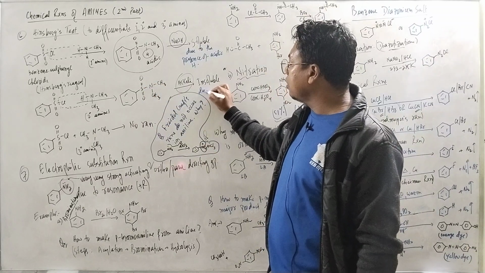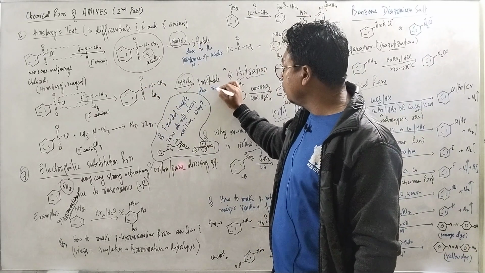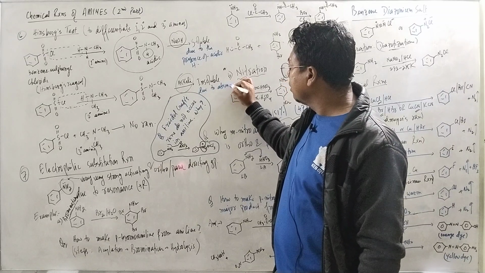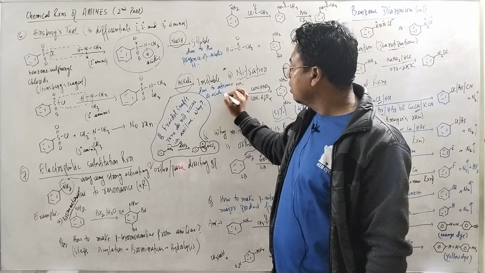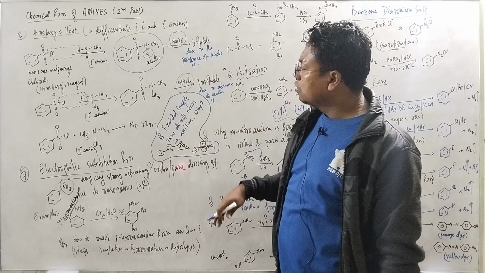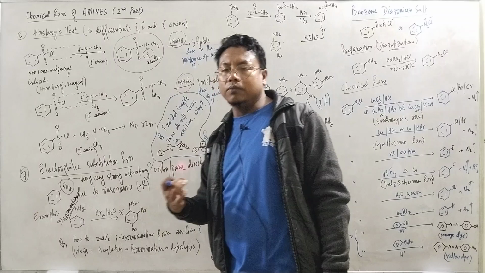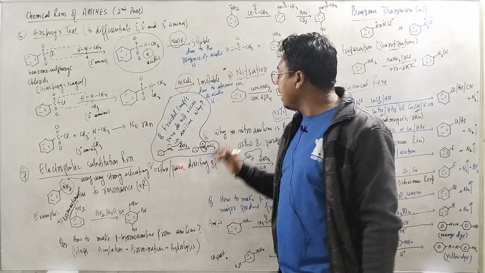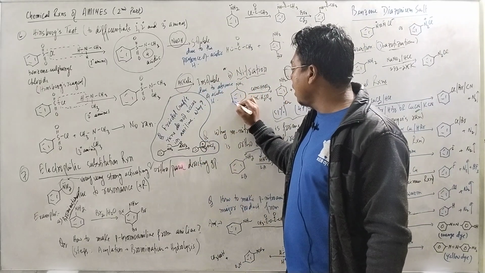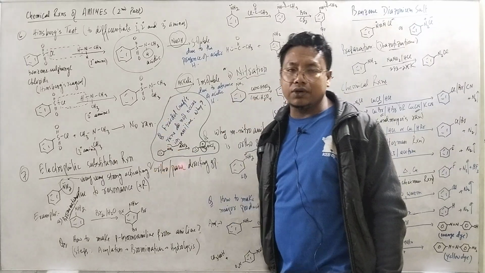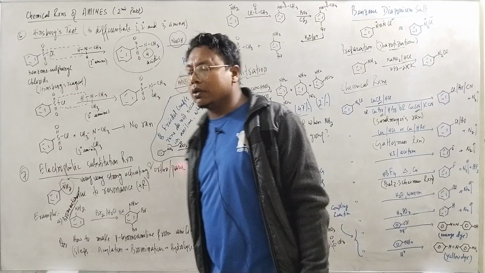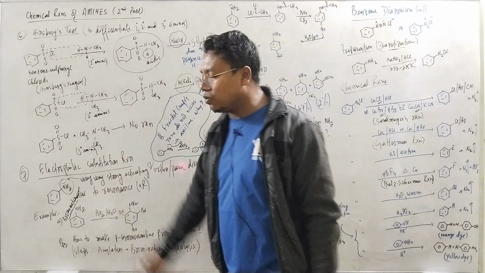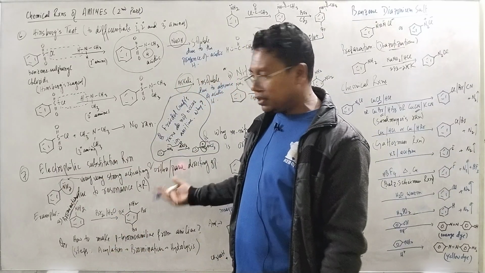So due to the absence of acidic hydrogen, if the product formed is not soluble in the alkali, then the amine has to be a secondary amine. For a tertiary amine, there will be no reaction with Hinsberg's reagent. So this is very easy to identify for the tertiary amine.